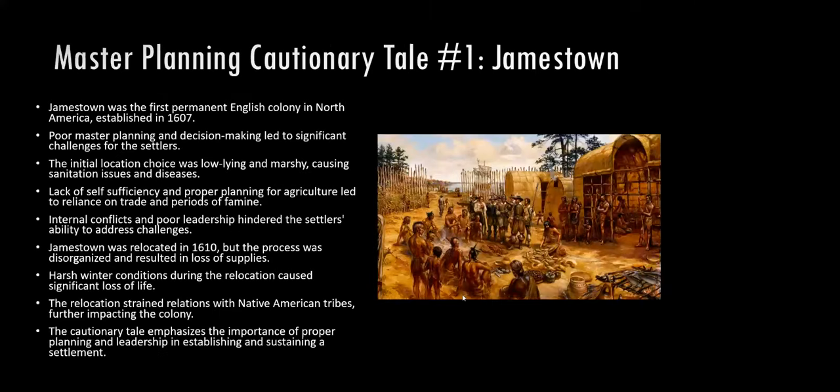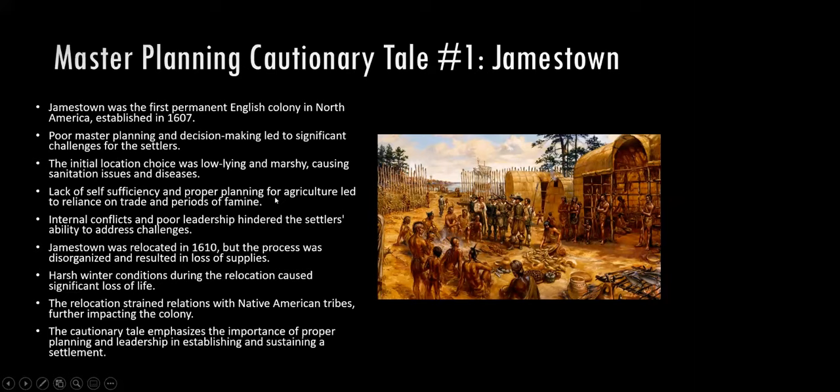Now let's talk about cautionary tales, because we should learn from history. Jamestown was established in 1607, and it's just a classic story in poor master planning. The initial location was low-lying and marshy, and they had malaria and dysentery, all kinds of diseases and sanitation issues. They weren't self-sufficient because they hadn't planned for agriculture and growing food.